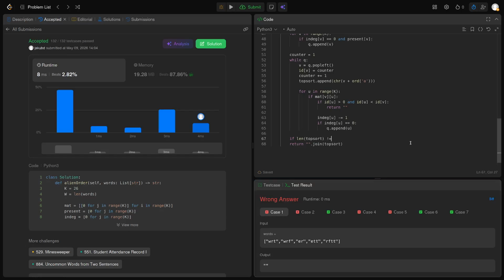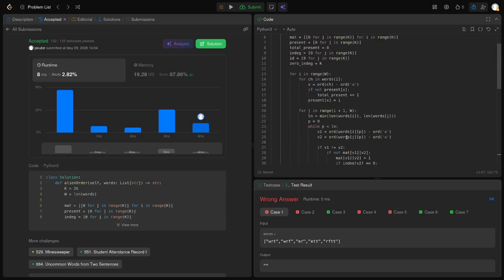So that's not that. If not present x, then total present plus equals 1.